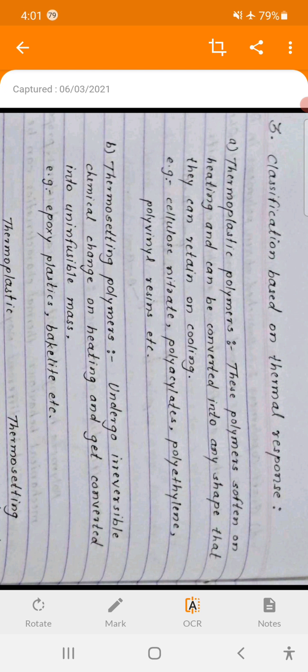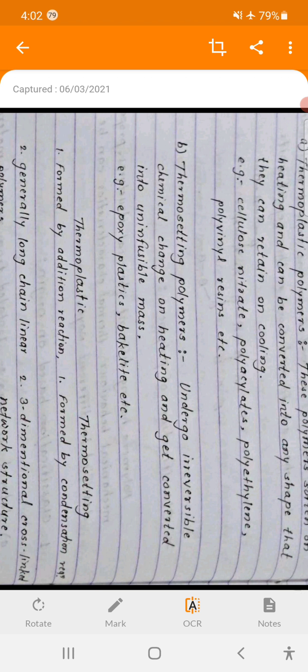Therefore, they are irreversible polymers, they cannot be reused. Reuse is not possible for thermosetting. Example, epoxy plastics, bakelite, etc. That is the old black colored holders and sockets, light sockets. Now the material is different, but the old black colored material is nothing but bakelite.